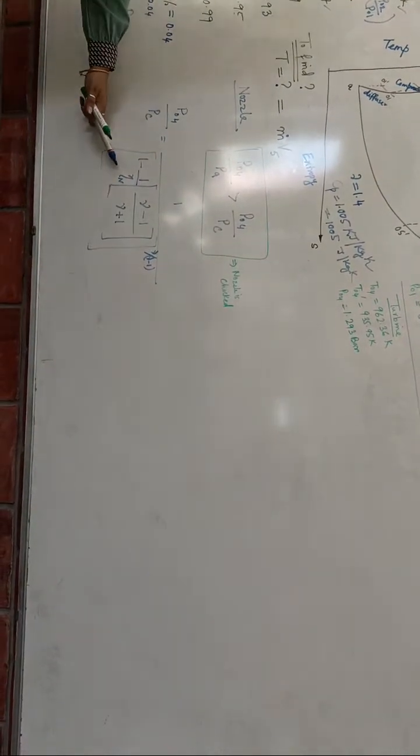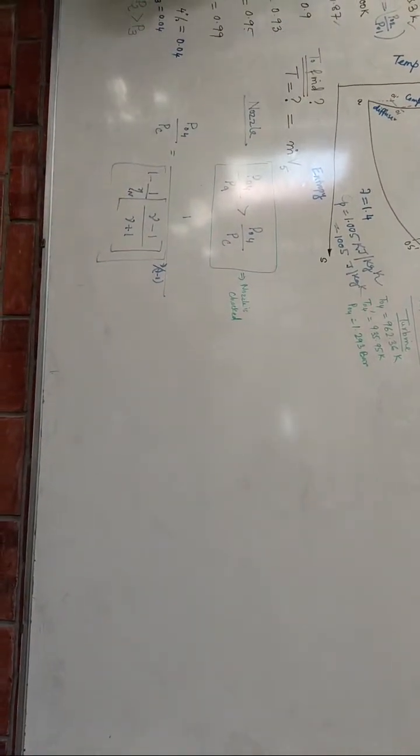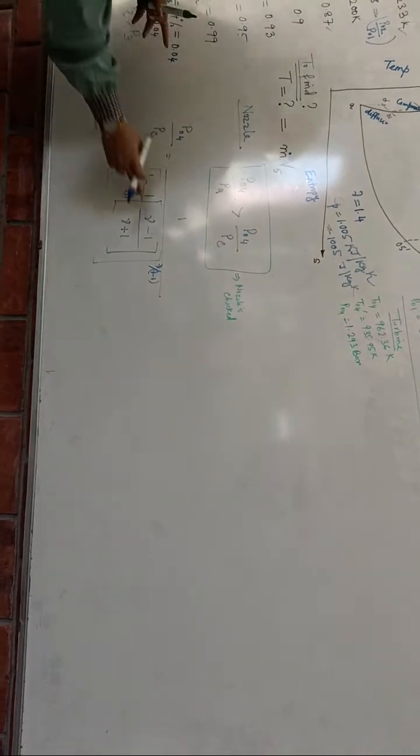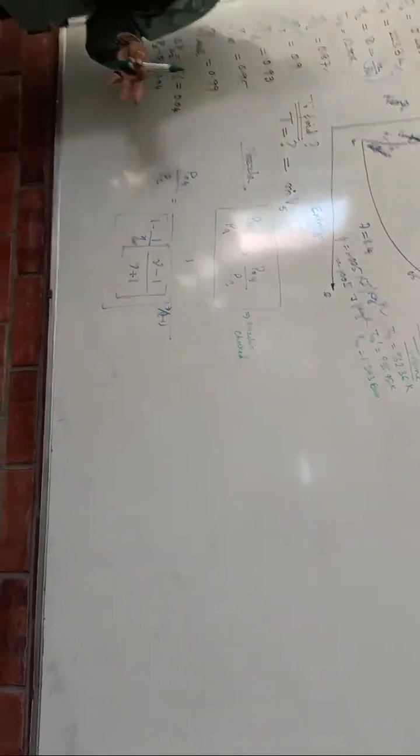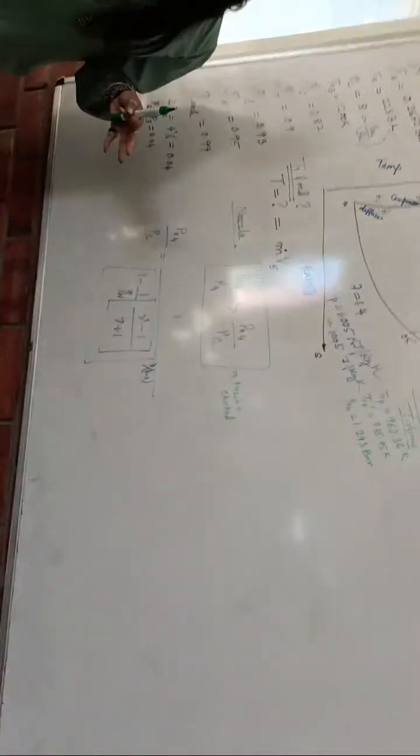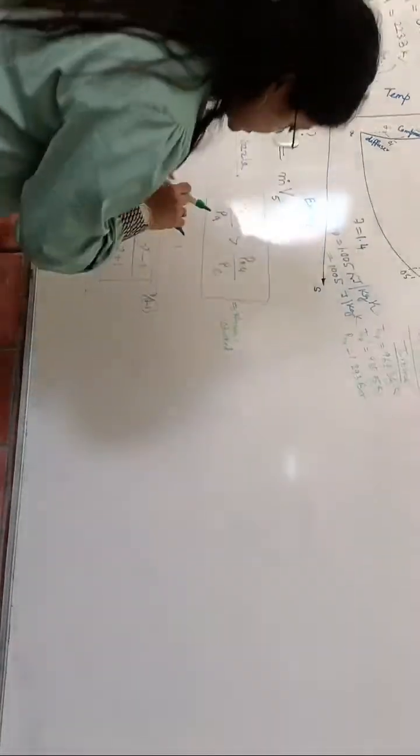You know the value of nozzle efficiency, it's given in the problem. Gamma value, as I have said, is constant, take it as 1.4. So quickly let's find out the value then.